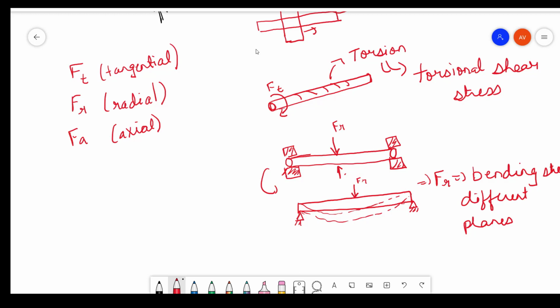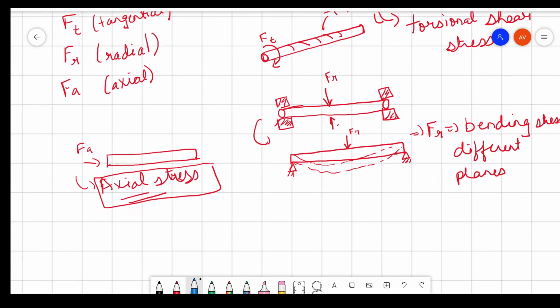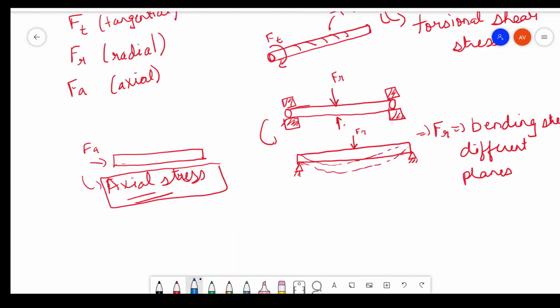Now third is axial. If you're going to have some axial force on this, you're going to get axial stress. So what all did we get here?